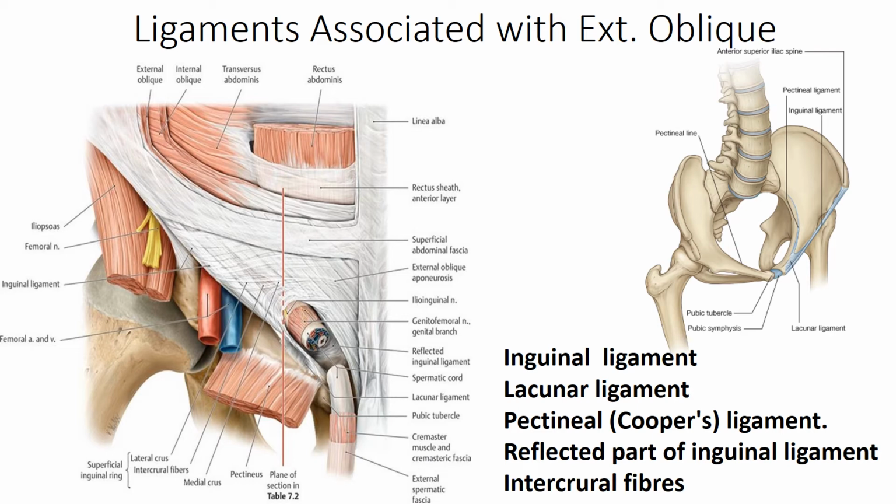So these are the ligaments associated with the external oblique.